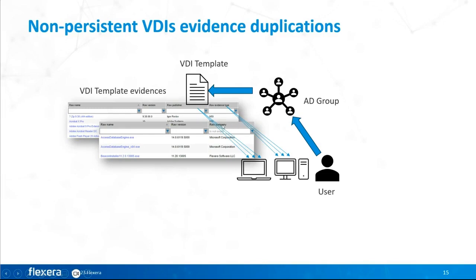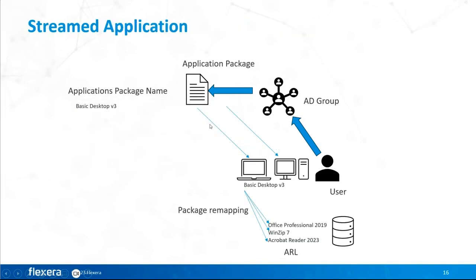To stay a little bit in the visualization of how things work for the streamed applications, this is nearly the same story, but here we're no longer talking about a true computer scan that would have eventually thousands of file evidences and install evidences. Here we talk about packages, application package names, which are provided from the controller.